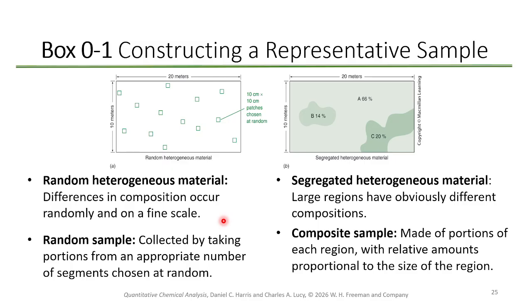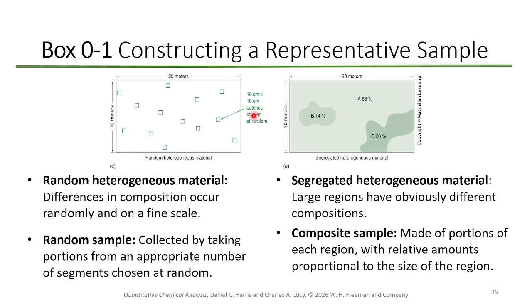So this is constructing a representative sample. This is actually more challenging than you might think for certain substances. For example, testing a katana or testing artwork pieces can be a lot more challenging than you imagine. So a random heterogeneous sample: your difference in composition is going to occur randomly and on a fine scale.